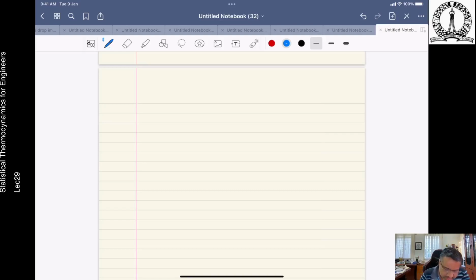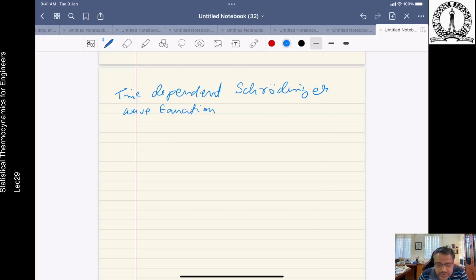So let us begin with the time-dependent Schrodinger wave equation, which is basically H, the Hamiltonian, psi equal to i h bar d psi by dt.